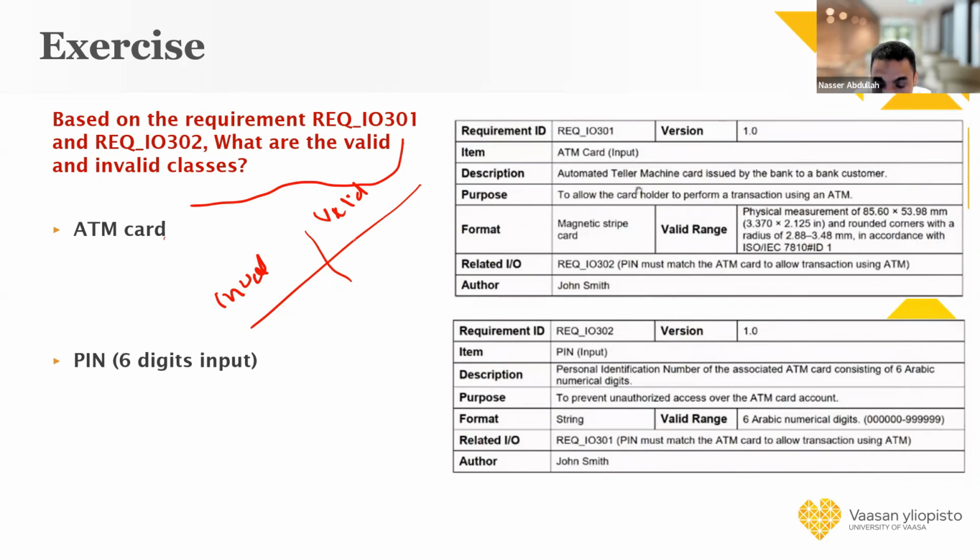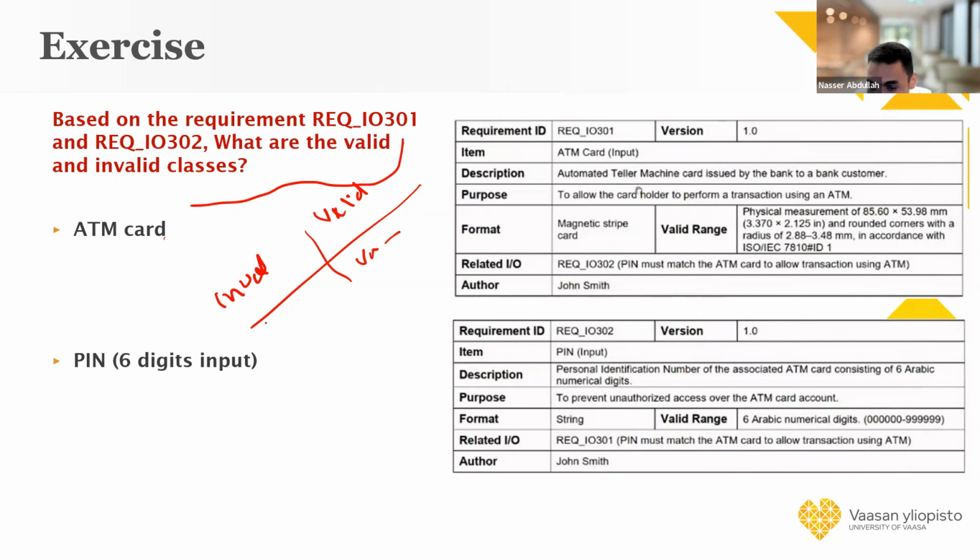Any Visa card, any bank card, any type of card issued by the bank for withdrawing money or using in the ATM. You can list some which are valid, because you have to define what is valid here.